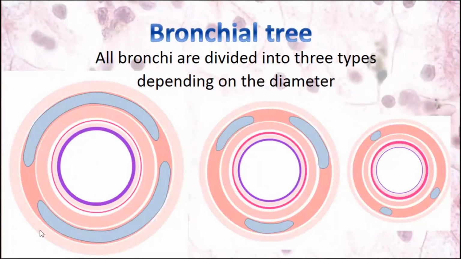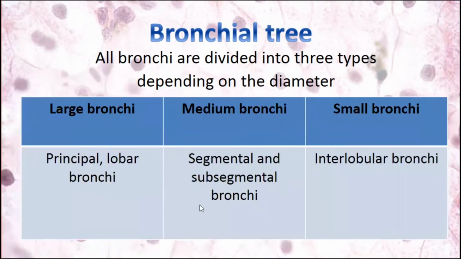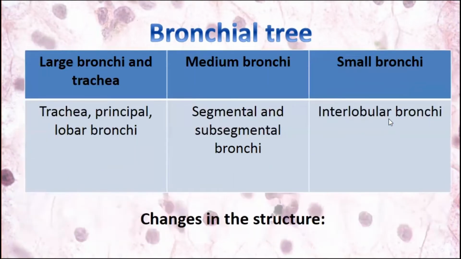And we can see here that all those groups of bronchi have differences in the structure of their wall. And let's look at these differences. So let's follow all layers of the bronchial wall, and let's find the differences in the structure of the large, medium, and small bronchi.